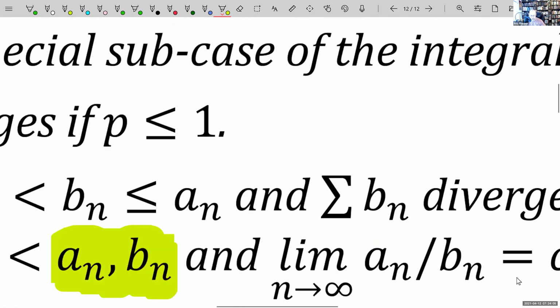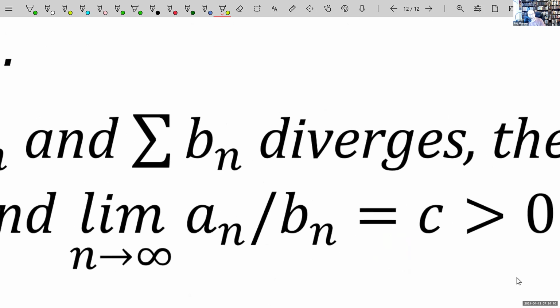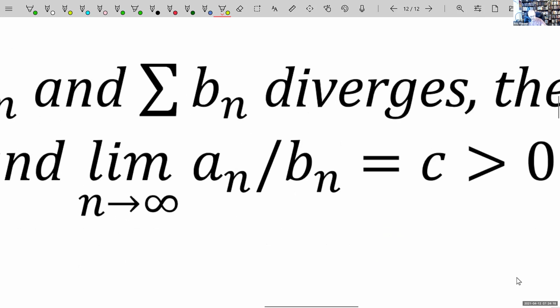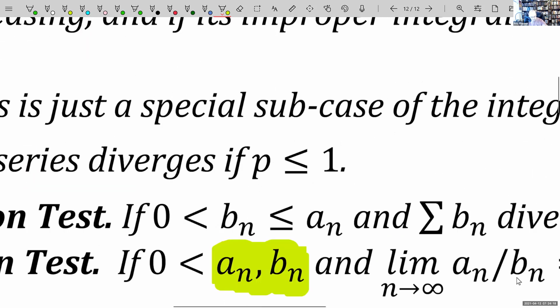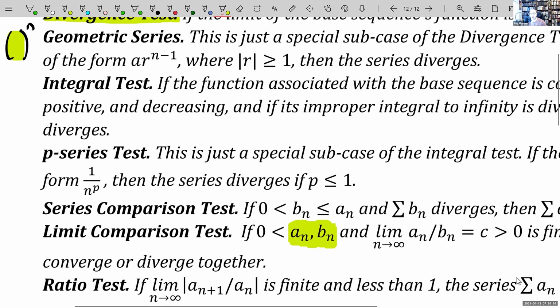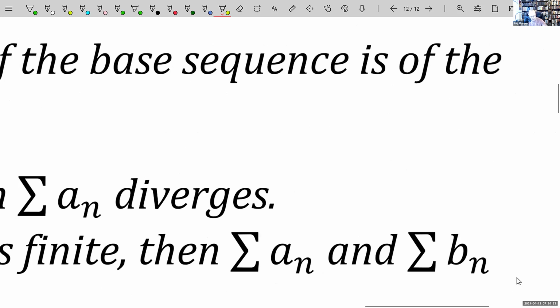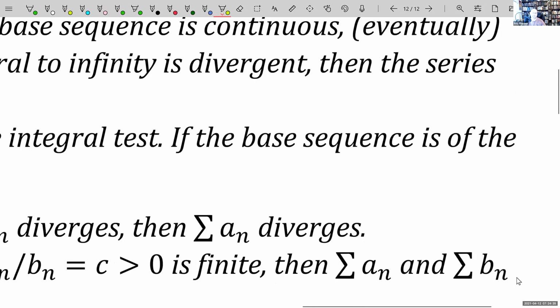If the limit of that ratio is some positive constant, and it can't be 0, it has to actually be a positive constant, then the series a sub n and b sub n will converge or diverge together. So that's a really nice test to use.